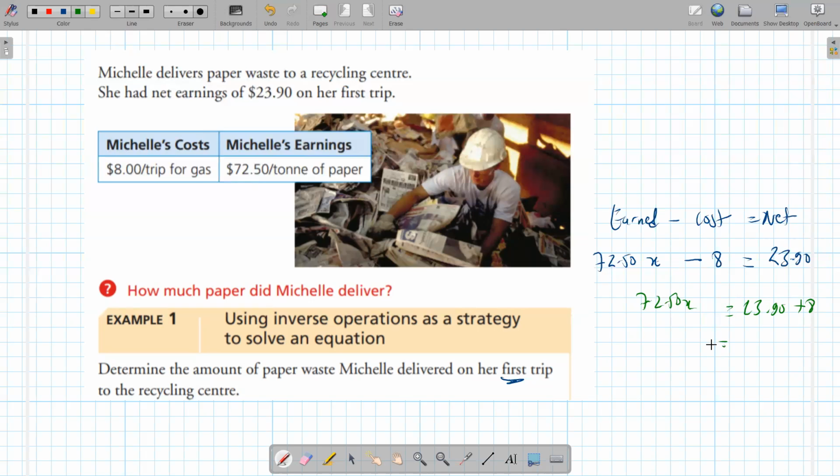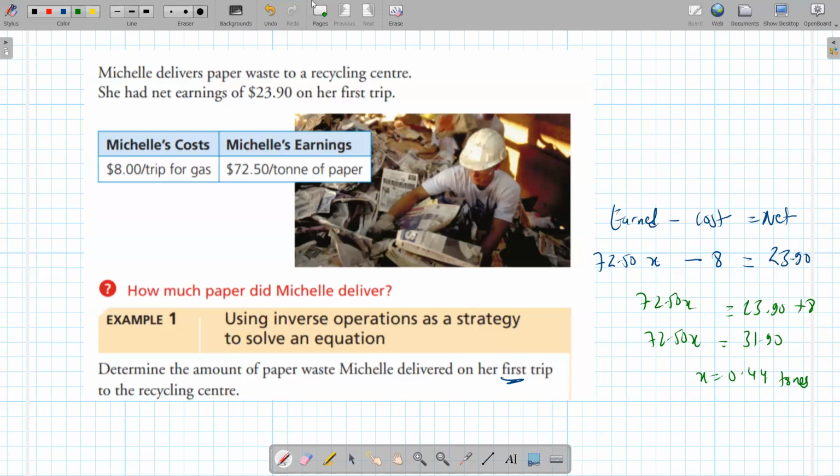And then we add them up, which is 31.90. And then you divide 31.90 by 72.5. So 0.44 tons is the answer to this.